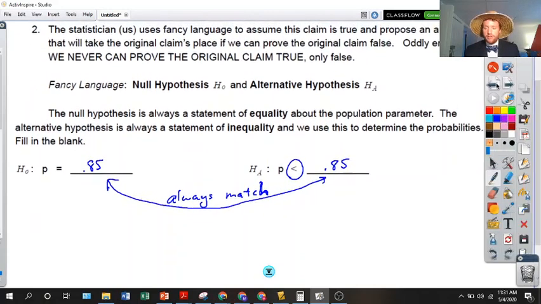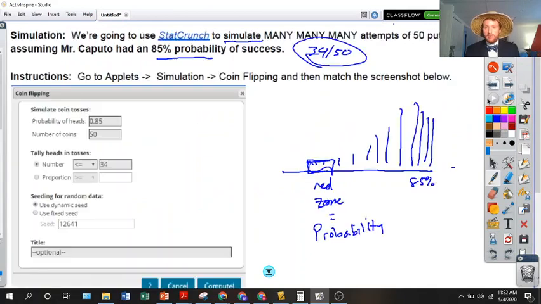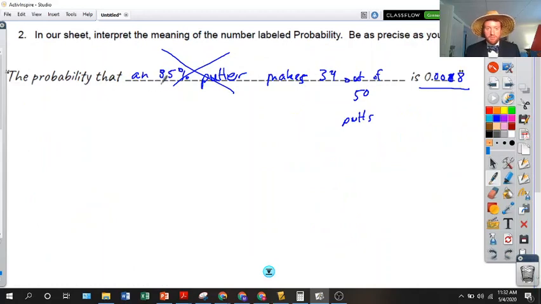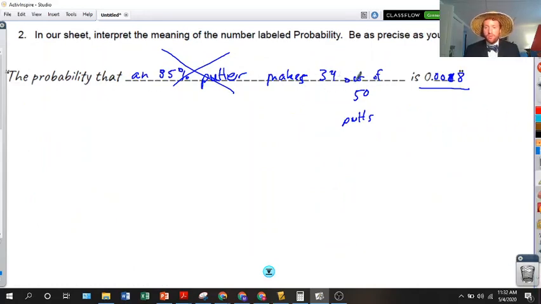If I go back, that's why we were looking right here. This was a less than. So we were finding out the probability that, well, I actually have to update that: the probability an 85% putter makes 34 or less, because it's more extreme.